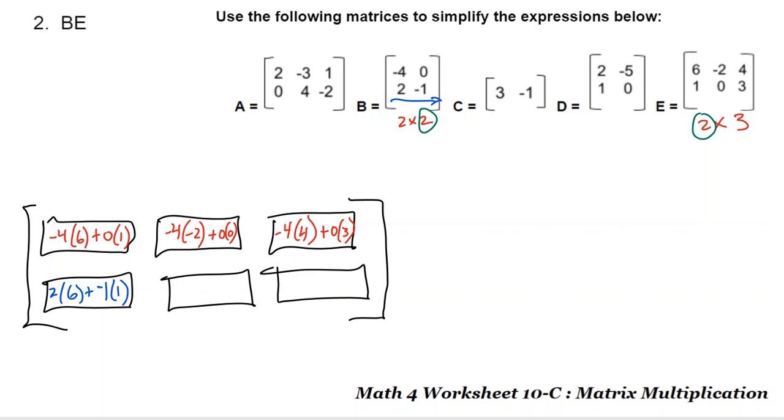And then we move over to the next column. We say 2 times -2 and -1 times 0. And then we move over to the last column. We say 2 times 4 and -1 times 3.